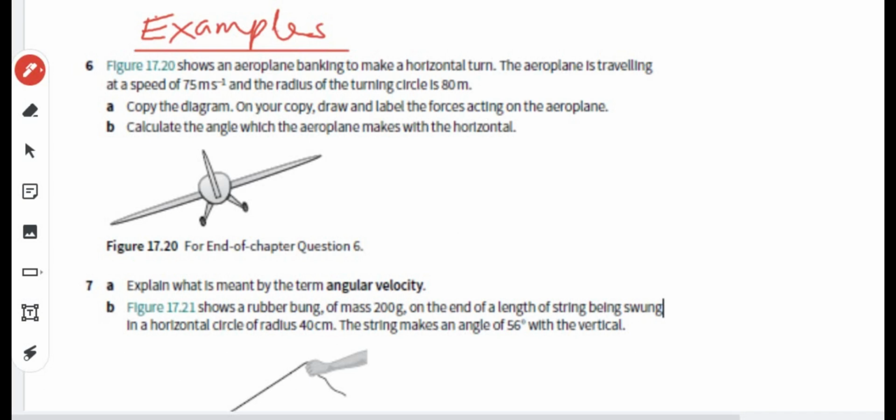The aeroplane is traveling at a speed of 75 meters per second. This is the linear speed. And the radius of the turning circle is 80 meters. That is the r we're going to use. Now question A says, copy the diagram, and on your diagram, draw and label the forces acting on the aeroplane.